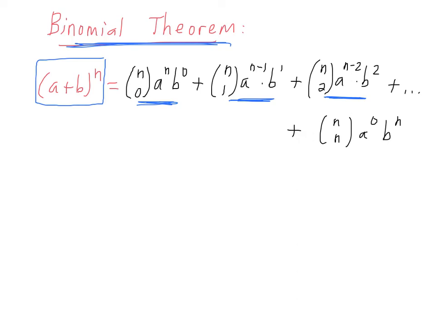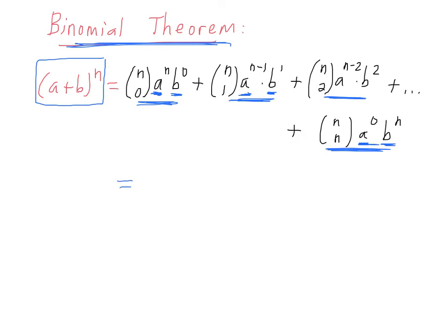It starts with an a to the n and a b to the 0. We've talked about how the a power goes down by 1 and the b power goes up by 1. The very last term here, you would see n choose n, so something like 4 choose 4. We talked about how the last term here, the a would have a power of 0 and the b would have a power of whatever n is. So that's that basic pattern.